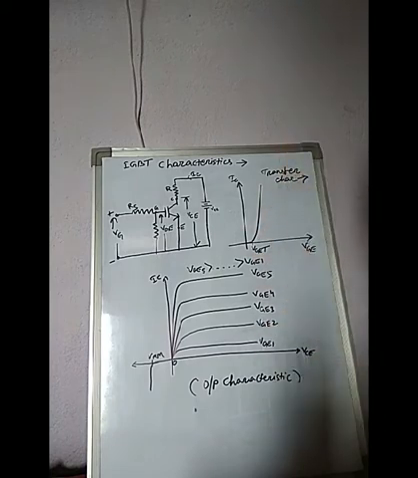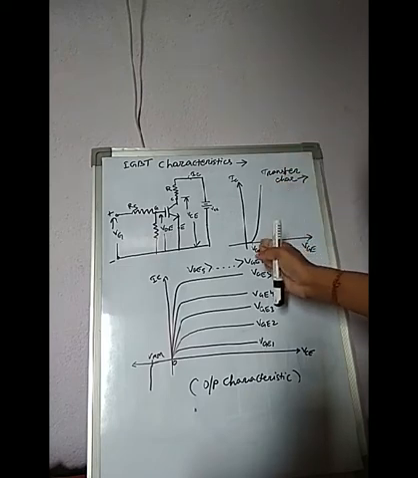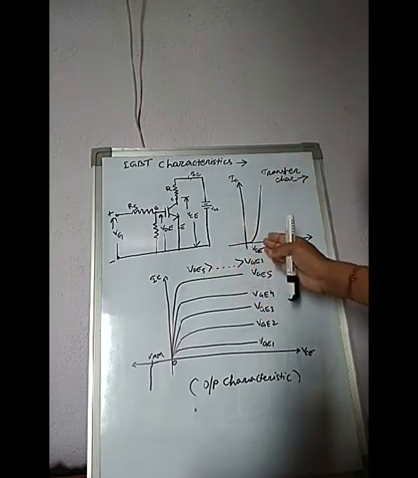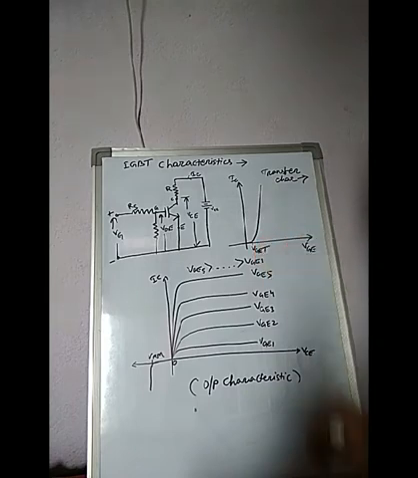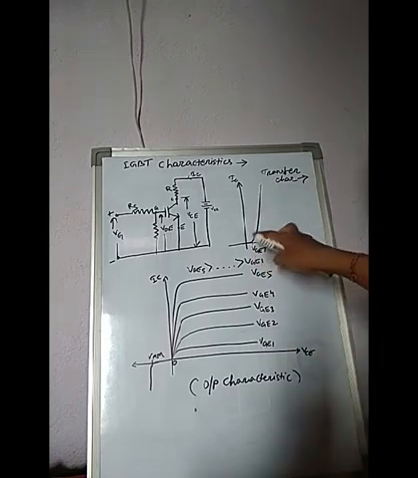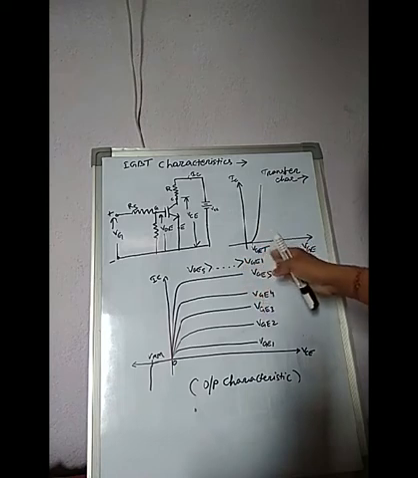This is the transfer characteristics. When the VGE value is below this threshold level, the device is in the off state.